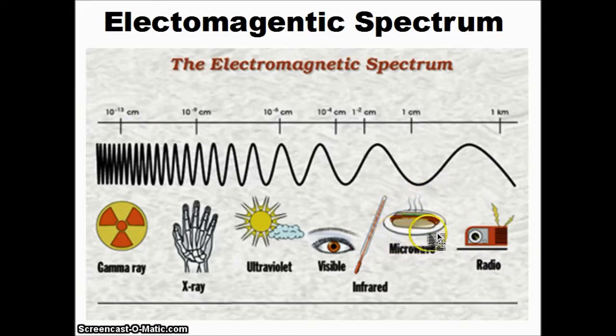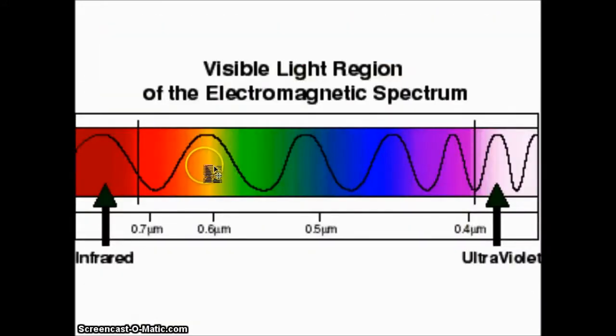You have microwaves, infrared. Visible light is the light that we see, and it's only a very small portion of the whole spectrum of light. There's ultraviolet light, that's the light that gives you sunburns, X-rays, and gamma rays, which are very, very dangerous. So what I want you to see is that the different wavelengths of light give different types of light. And this is also true for the visible spectrum.